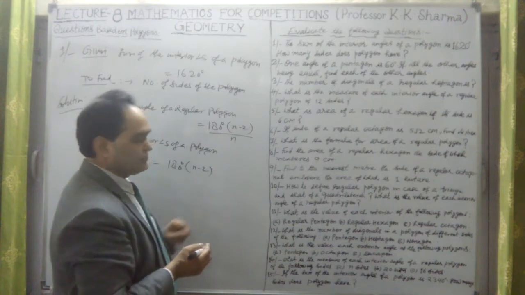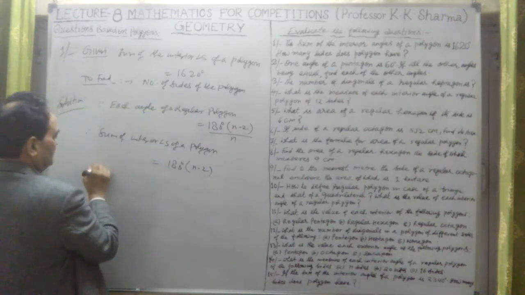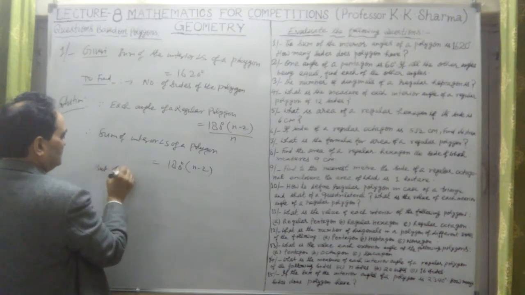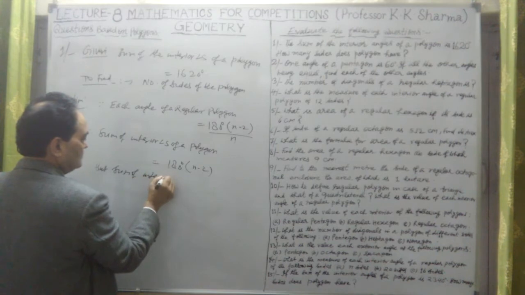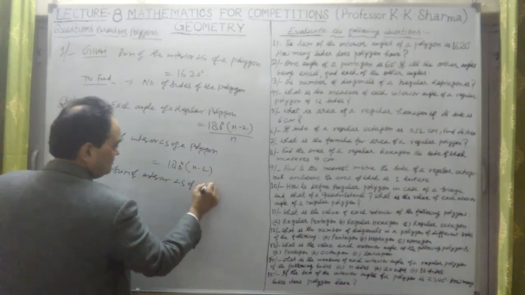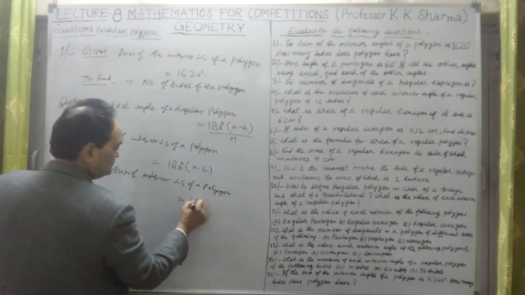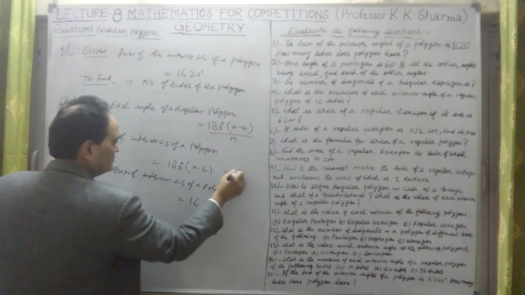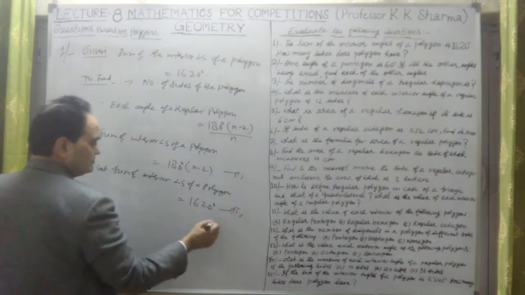But here it is given that the sum of interior angles of a polygon is 1620 degrees. This is the first equation, this is the second equation.